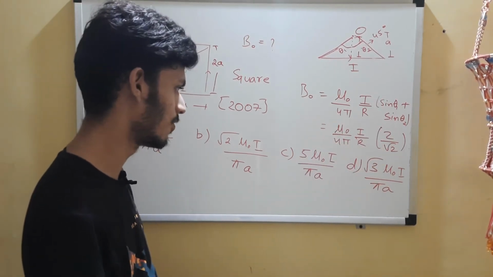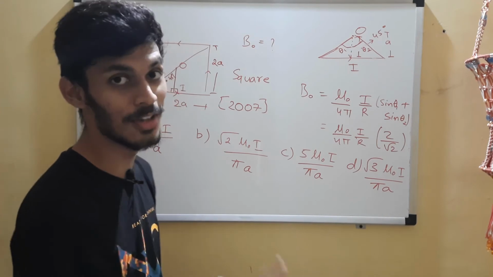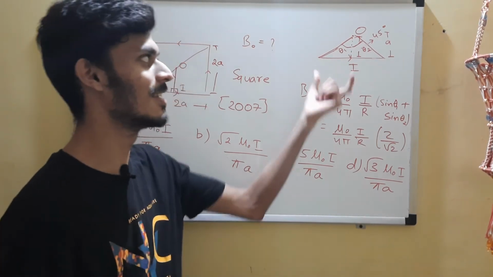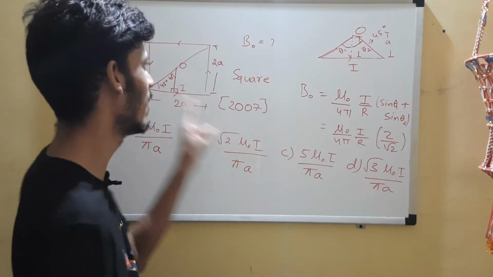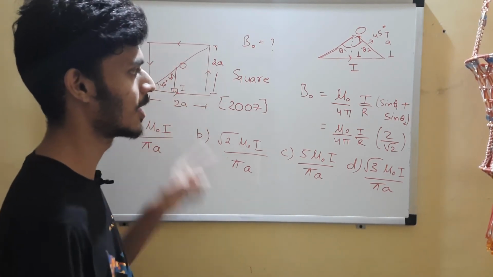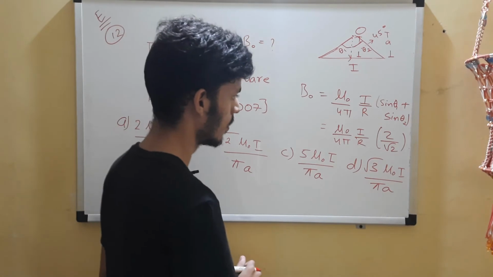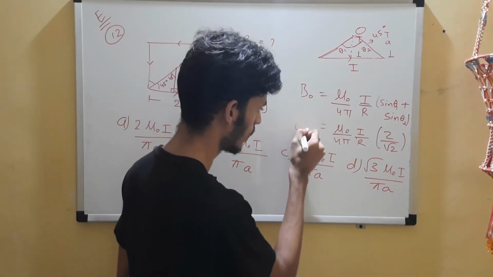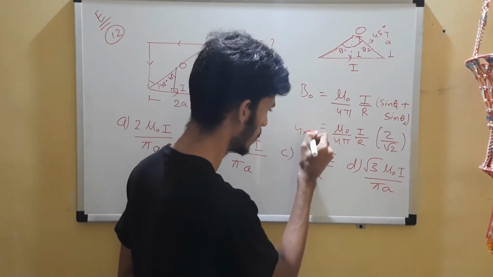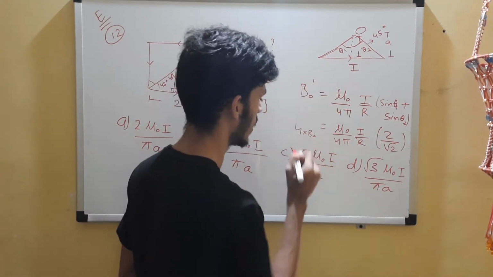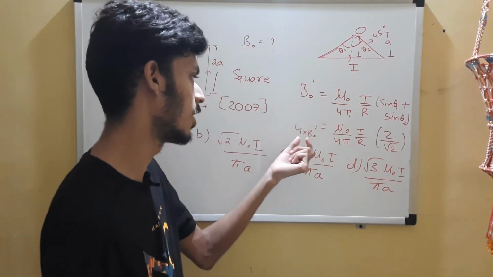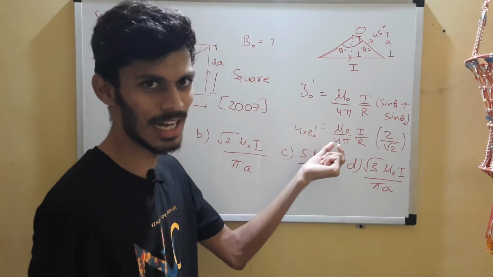But you won't find any option as such because we have to multiply it by 4. This is just due to one wire. We have 4 of them, 4 sides of a square, so multiply this by 4. When you multiply it by 4, this 4 and this 4 will get cancelled.